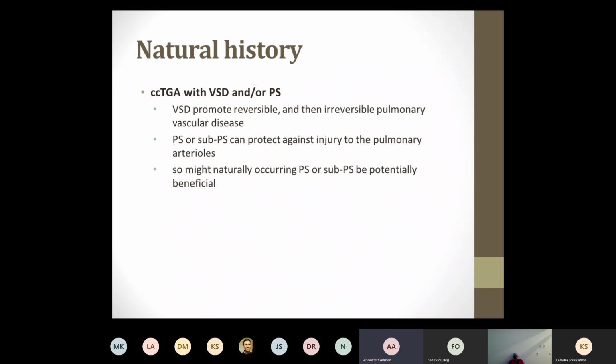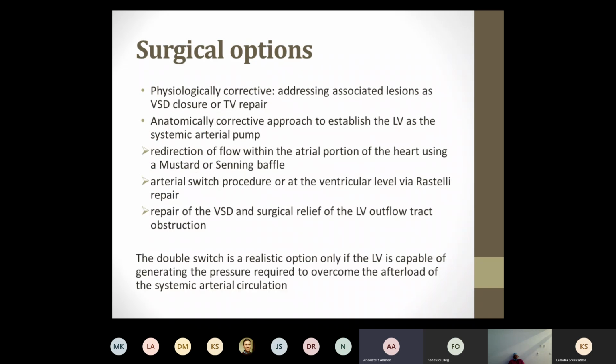Surgical options for management of the congenitally corrected TGA are either physiological or anatomical correction. In the physiological correction, there's no rerouting of the blood, so we only address the associated lesions, such as a VSD or tricuspid valve repair.